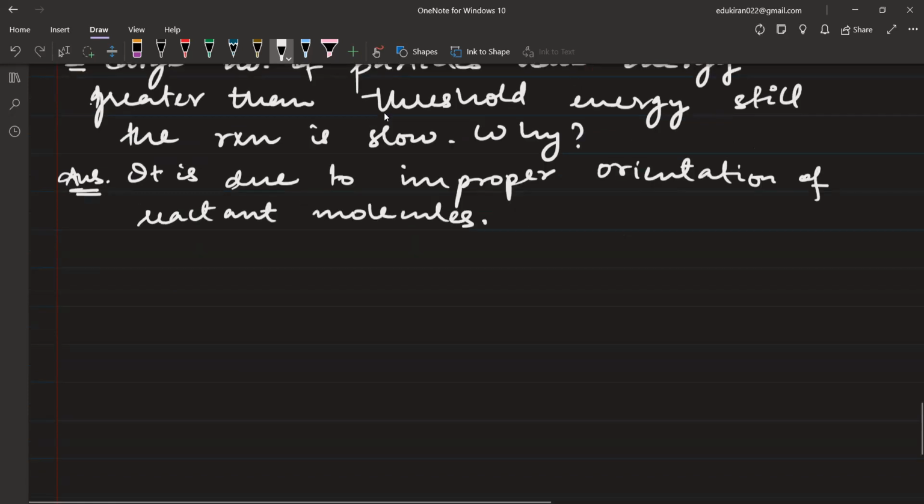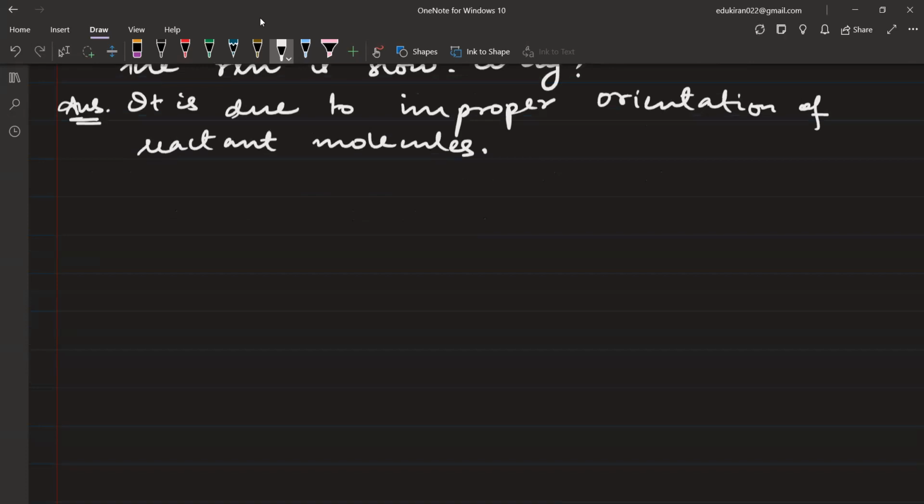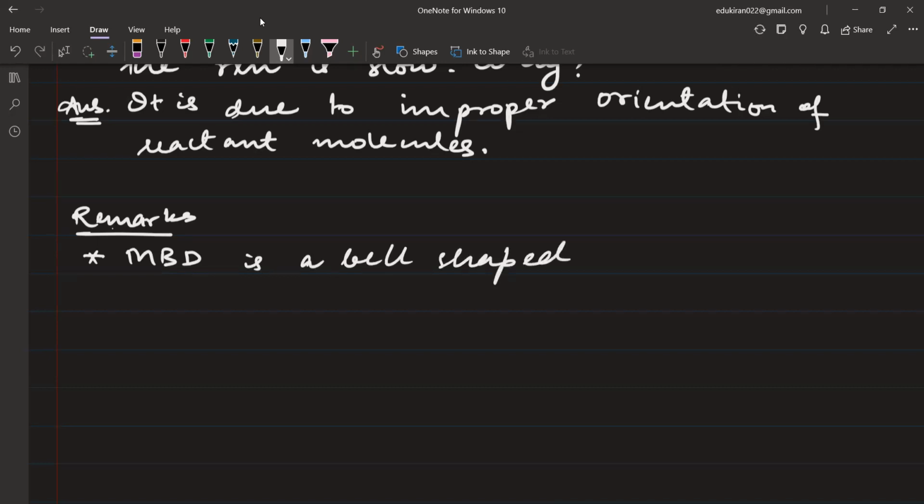Okay, right, next. Some remarks regarding the Maxwell-Boltzmann distribution. Right, number one. Maxwell-Boltzmann distribution is a bell-shaped curve between number of particles and kinetic energy.